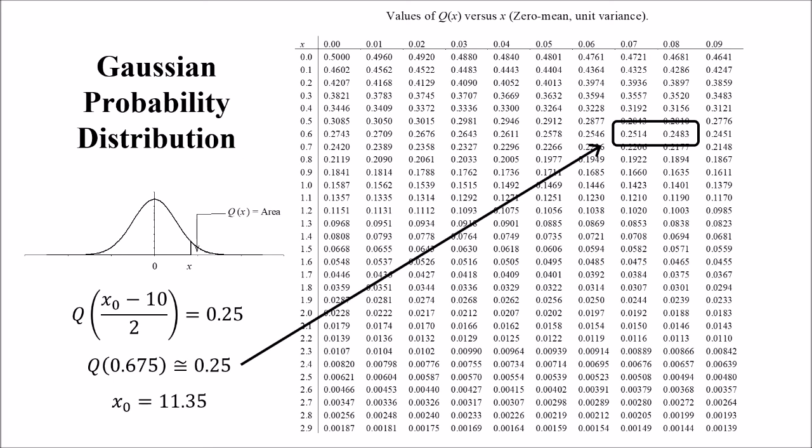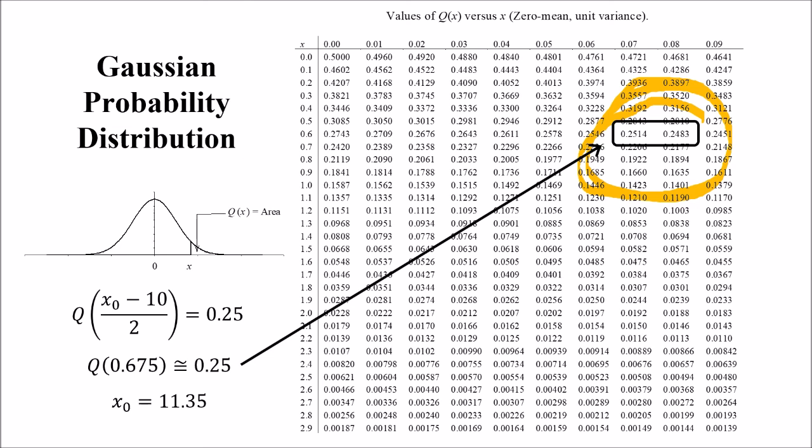I'll look at the numbers in the table to find the value 0.25. Well, I don't find exactly 0.25. I find this pair of values, 0.2514 and 0.2483. And it looks like 0.25 lies in between these two entries.